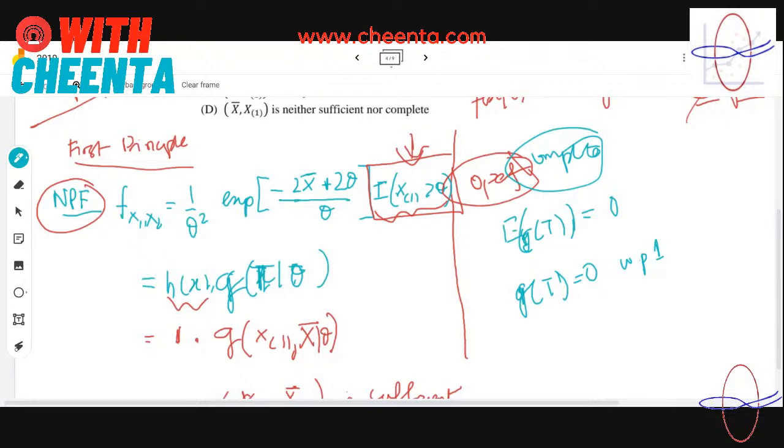Is x bar a complete statistic here? What do you think?